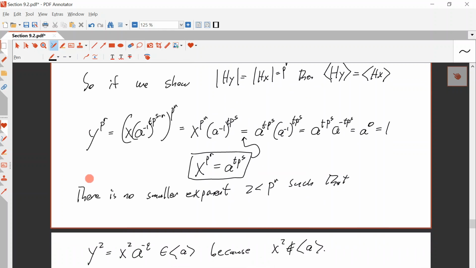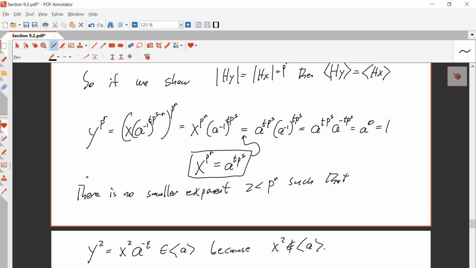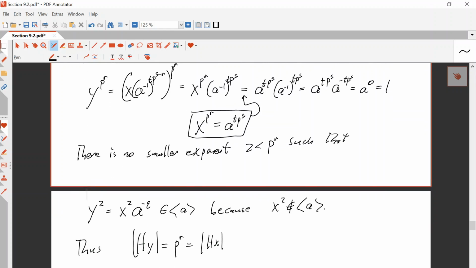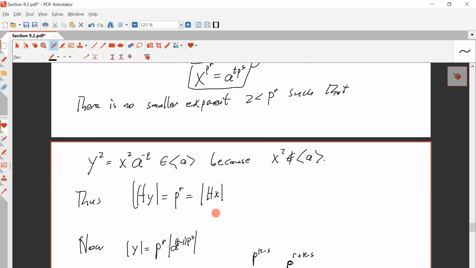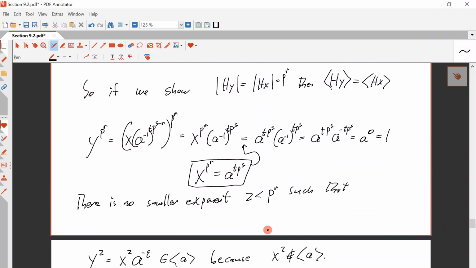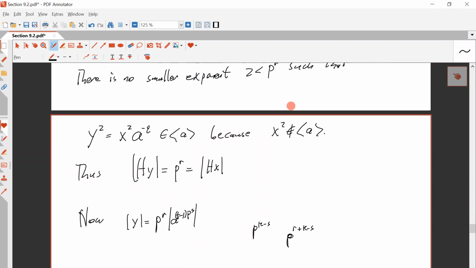And there is no smaller z than p to the r such that y to the z, which is x to the z, a to the power of q, is in a, because x to the z is not in a. Same thing as before. Thus, the order of hy is p to the r, just like the order of hx.